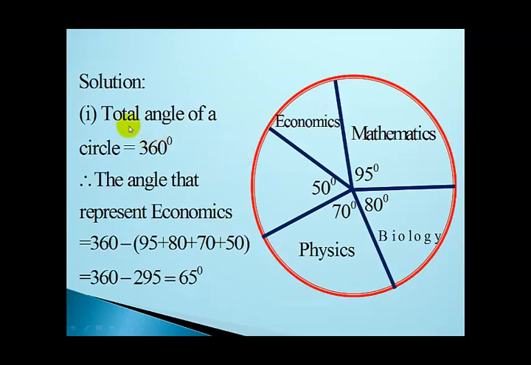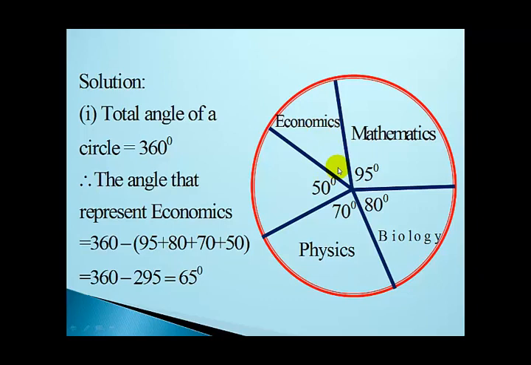Now, solution I. The total angle of a circle we know is equal to 360 degrees. The angle that represents economics will be equal to 360 minus the sum of all the other angles. Take note that the angle for economics is not given, and that is what we are calculating.